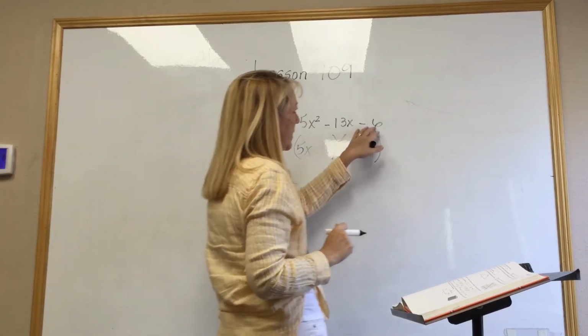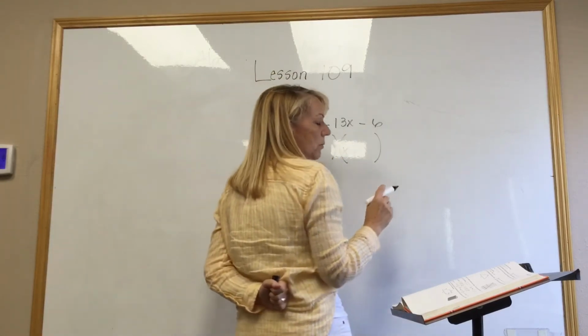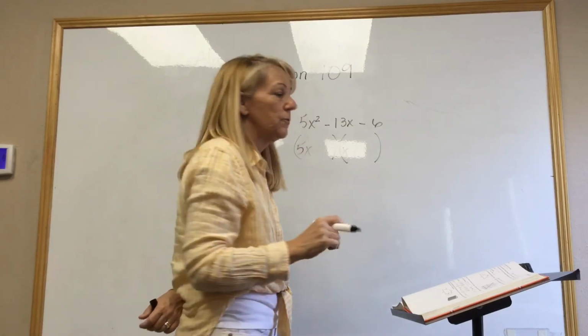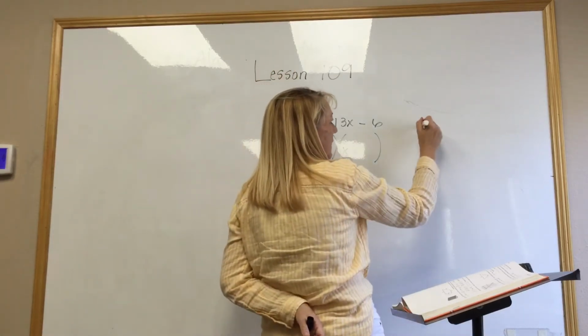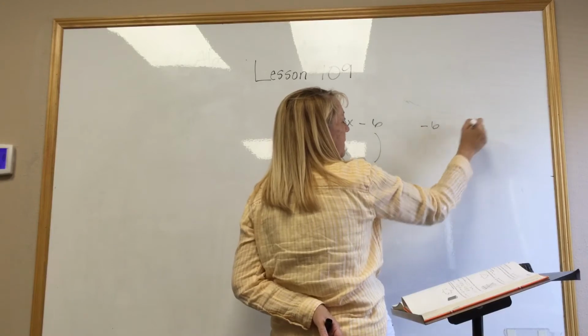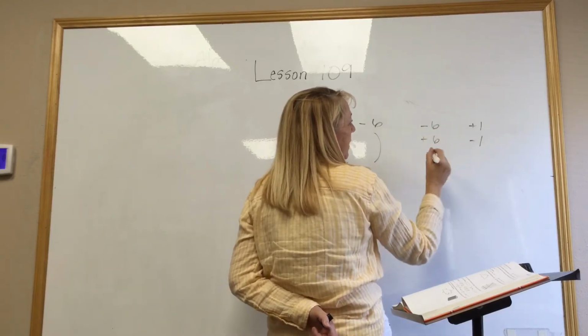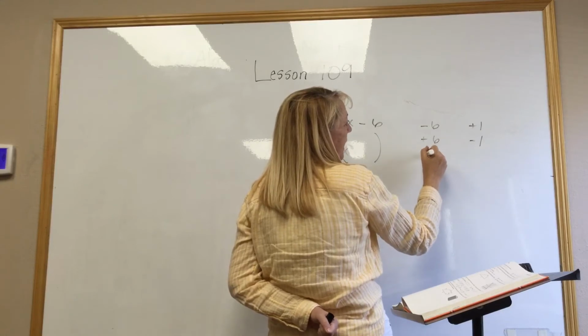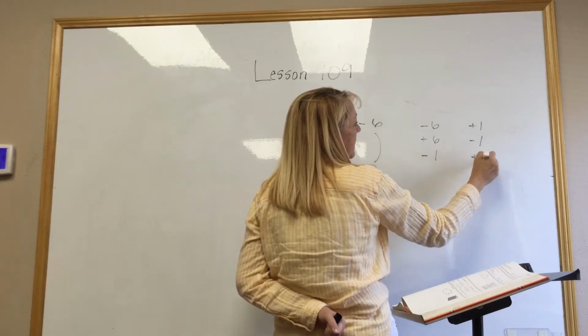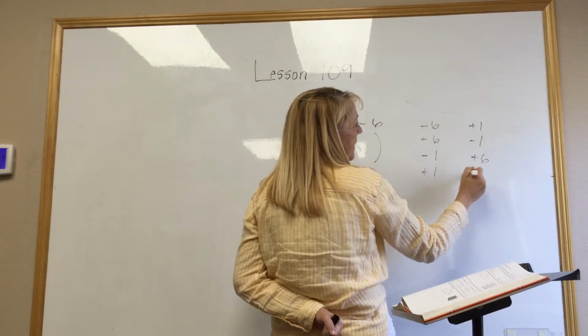What two numbers can I multiply together to get negative 6? There are a lot of combinations for this, because we've got negative 6 times positive 1, positive 6 times negative 1, negative 1 times positive 6, positive 1 times negative 6.